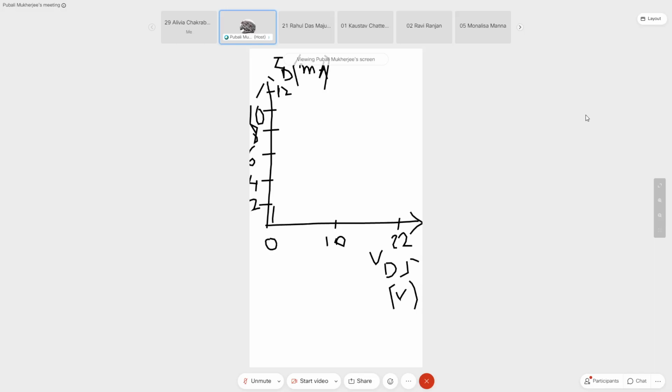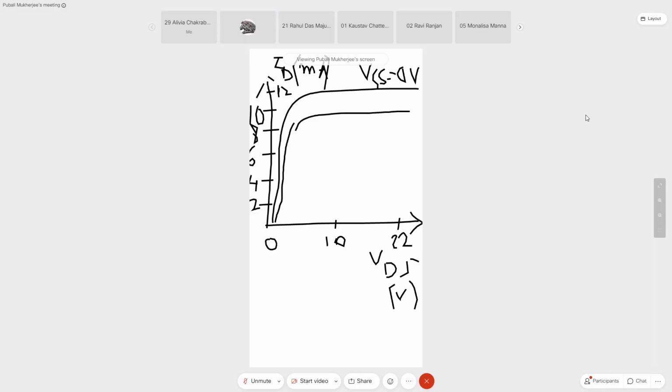for 0 volts. Okay, this is for say VGS 0 volt, VGS minus 1 volt. Just writing minus 1 to save space.